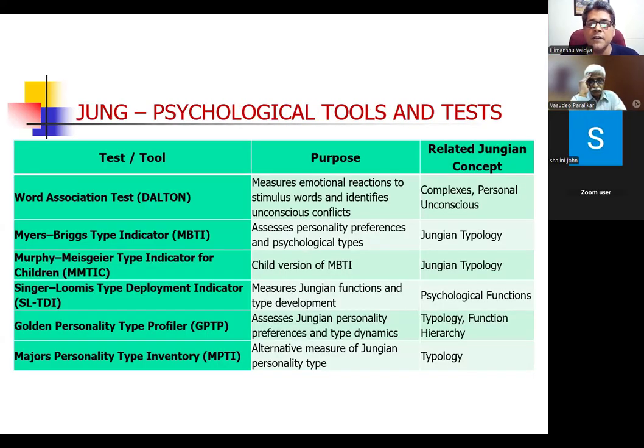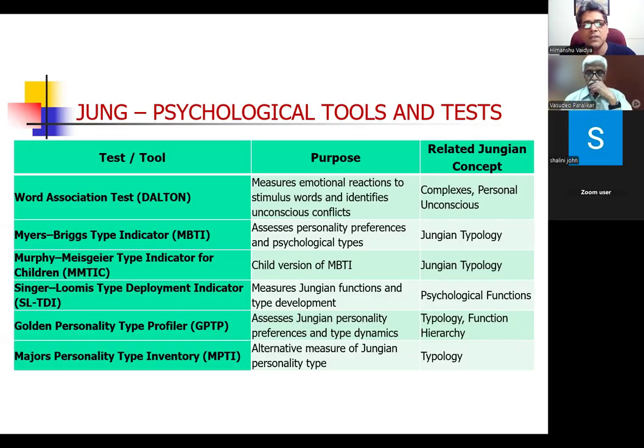Now, what are the psychological tools and tests within the Jungian framework that you can use for different purposes? You can use Jung's word association test to explore the complexes, MBTI for occupational counseling, MMTIC as a child version of MBTI, SLTDI to measure Jungian psychological functions, how strong or weak they are.